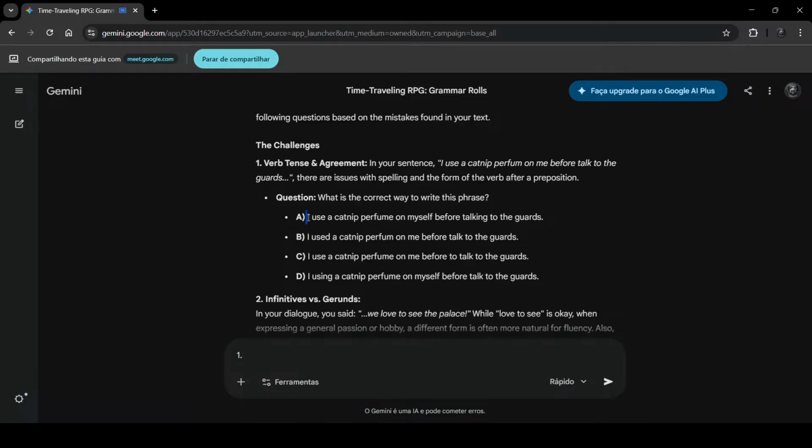A. I use a catnip perfume on myself before talking to the guards. B. I used a catnip perfume on me before talk to the guards. C. I use a catnip perfume on me before to talk to the guards. D. I use a catnip perfume on myself before talk to the guards.